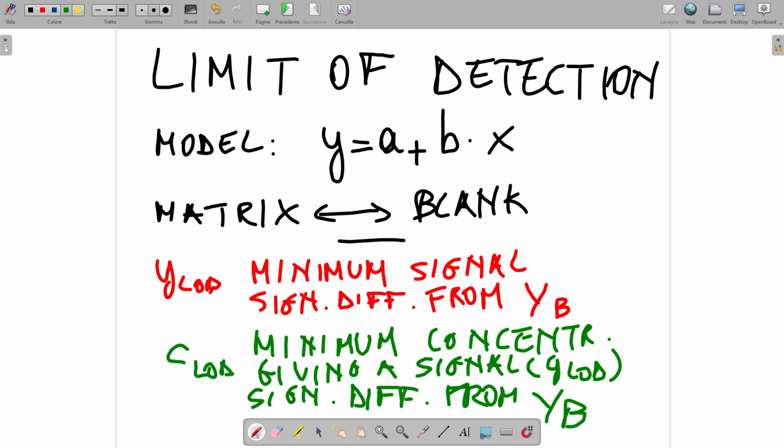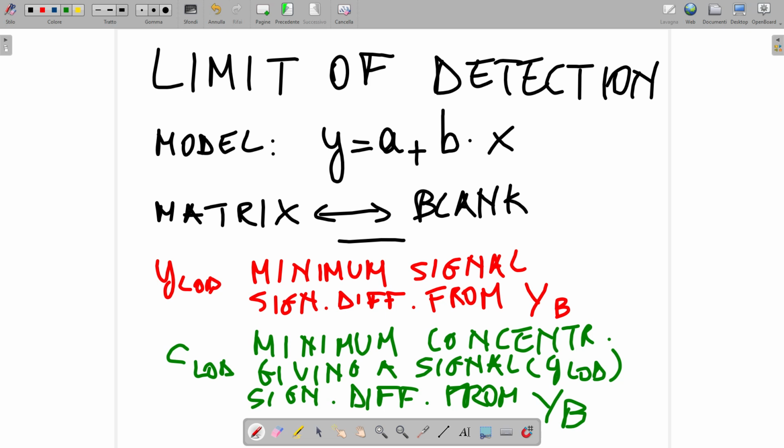Okay? And we want CLOD. How much can we go down with concentration with our method? Which is the minimum concentration that we are able to obtain?